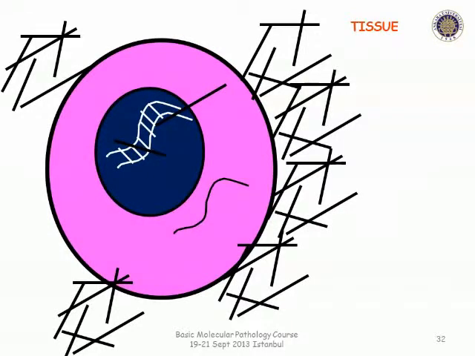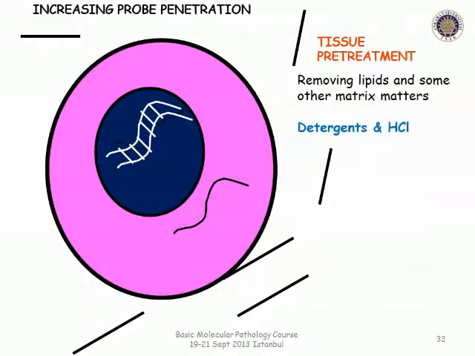The cells are placed within a matrix, and there are so many proteins, and also the fixatives, which are all complex in the tissue sections. So you have to remove all these things during your pre-treatment.